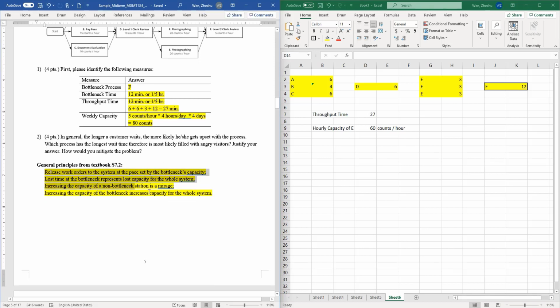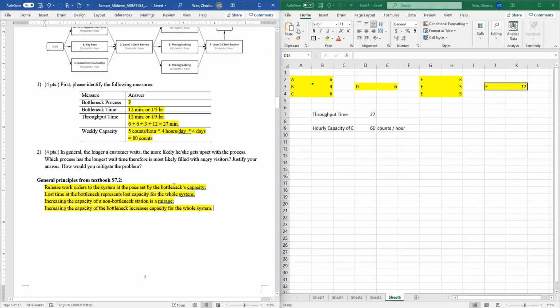These are some tips from your textbook that tell us what to do to mitigate this type of problem when you see a very big constraint or bottleneck in your system. Release work orders to the system at the pace set by the bottleneck capacity, meaning you assign a doorkeeper, and the doorkeeper will only allow a customer to enter every 12 minutes.